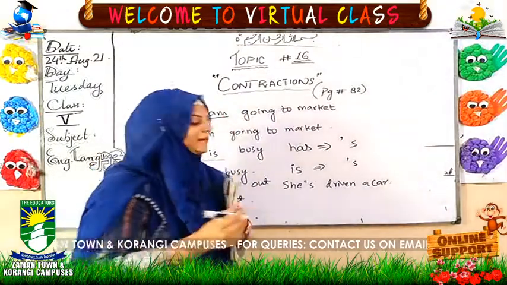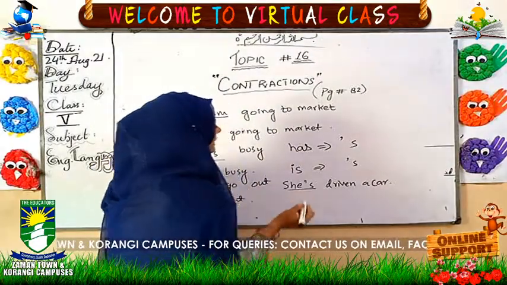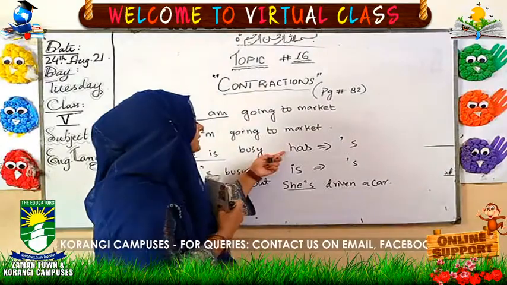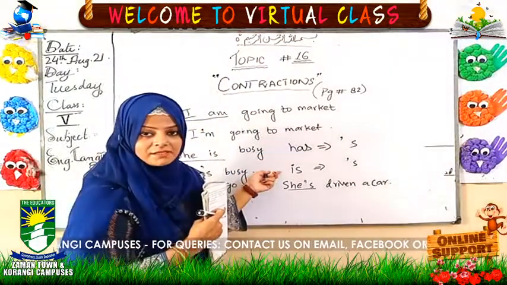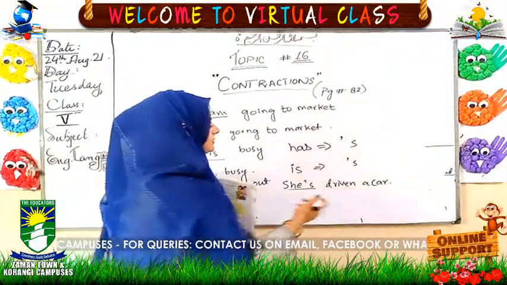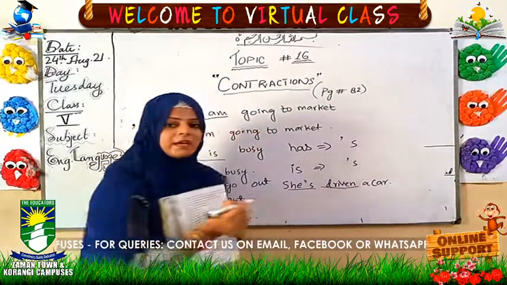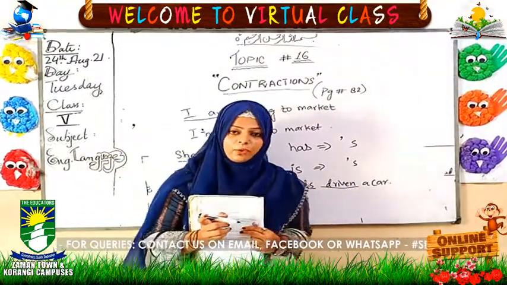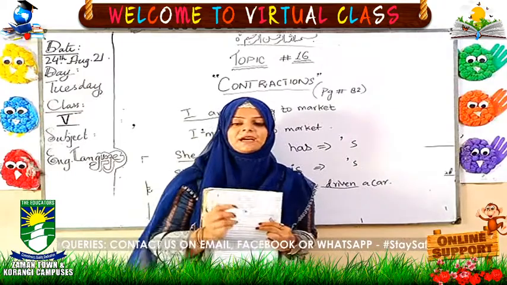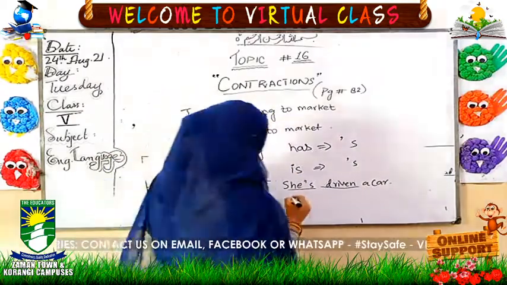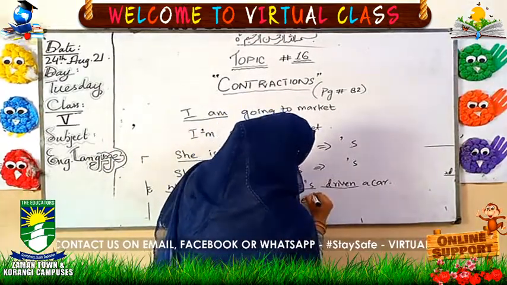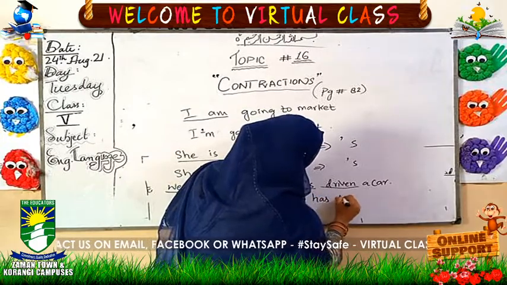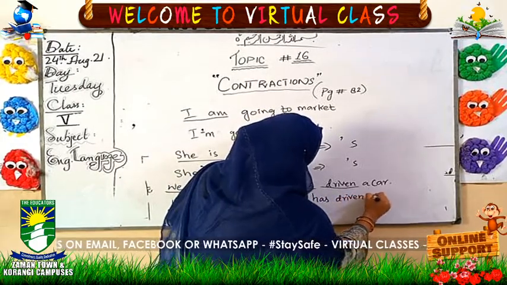How will you get what kind of word it is, whether it is has or whether it is is? You're going to recognize it with the help of the verb. If you have a third form of the verb in your sentence, it means that the contracted form is has. It will become she has driven a car.